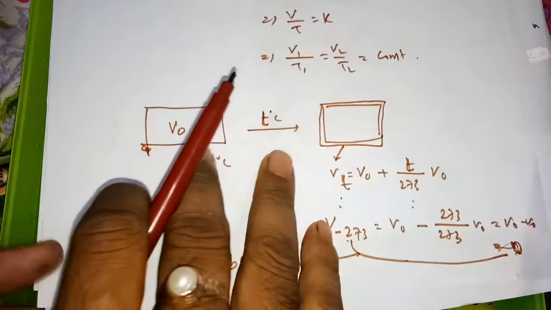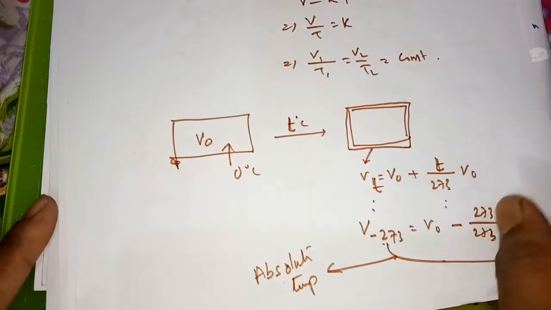Now Charles law in terms of a graph. We can have a graph for Charles law.